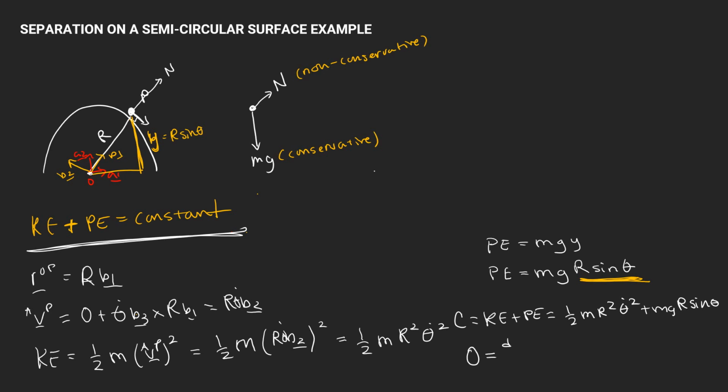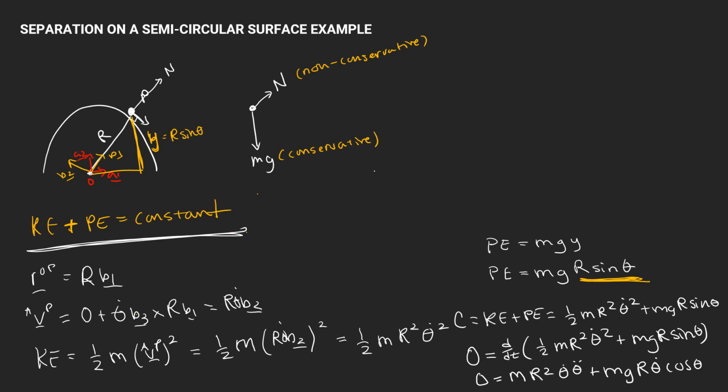Then we take the derivative of this equation here, so 1/2 m r squared theta dot squared plus mg r sine theta. Ultimately, what we're going to get is 0 equals m r squared theta dot theta double dot plus mg r theta dot cosine theta.